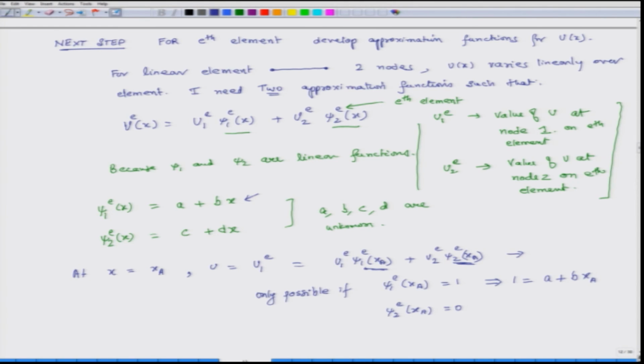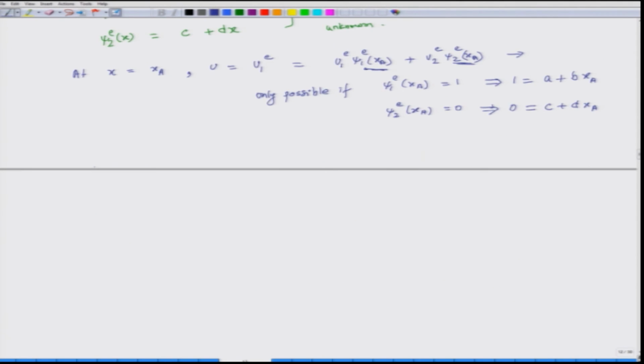Agreed? And I do the same thing for the relation psi 2 equals c plus dx. So, this gives 0 equals c plus d xa, right.